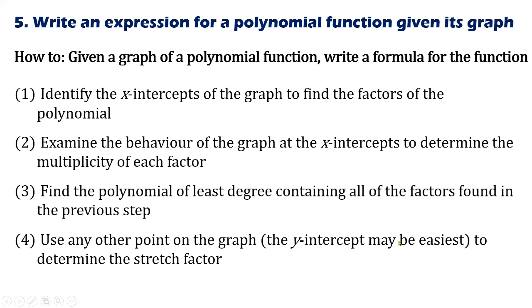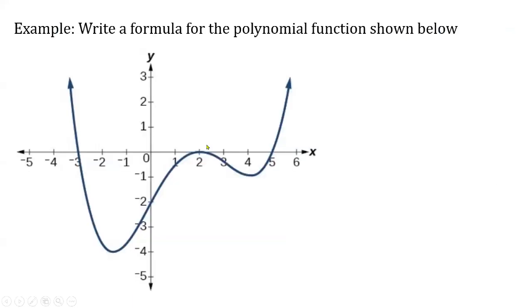Okay, let's use an example to illustrate these methods. For example, given a graph like this, please write the formula for the polynomial function shown below. So how do we write the polynomial function given such a graph? First of all, we find zeros. Okay, note that when x is minus 3, y is 0, right?